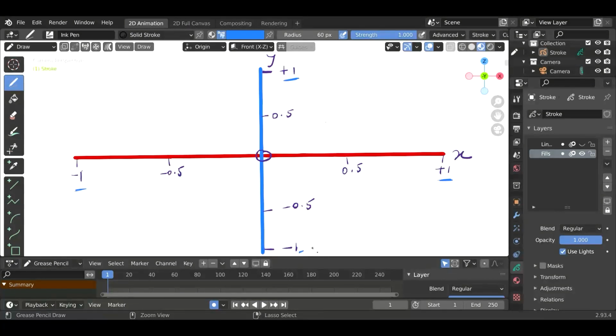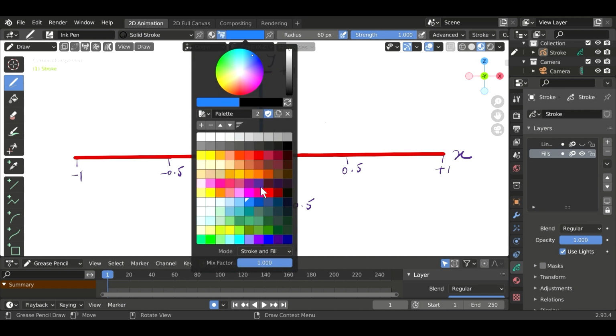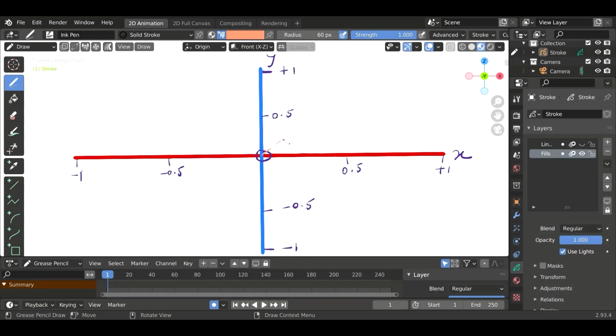So let's break it down more to understand it better. Say you have an angle, 30 degrees, or 60, whatever, and you're looking for the cosine.